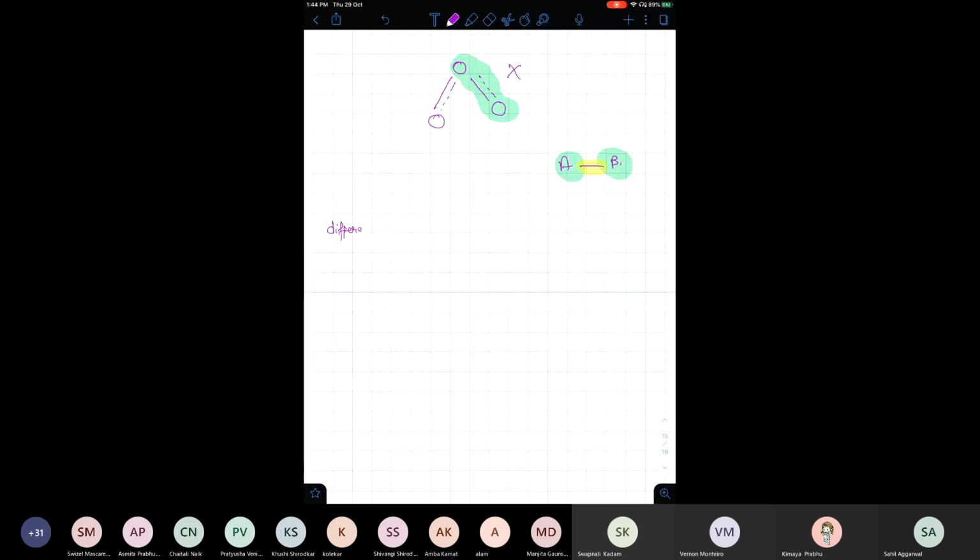Different atoms will have different electronegativity. Large difference in electronegativity decreases the distance. अपनी तरफ attract कर लेता है.